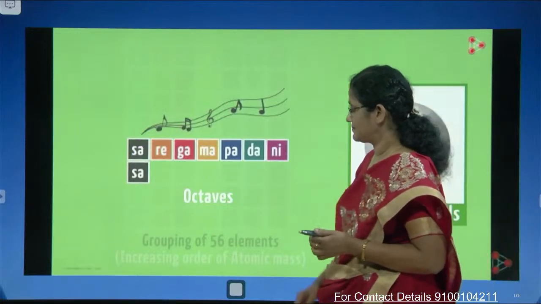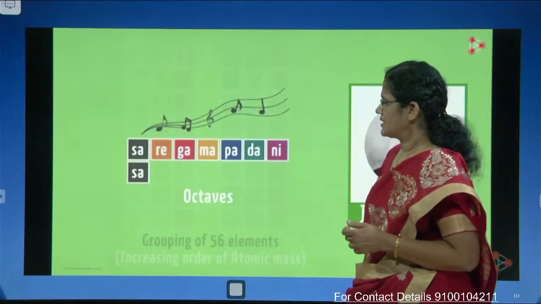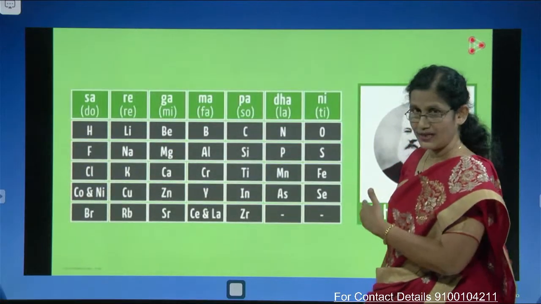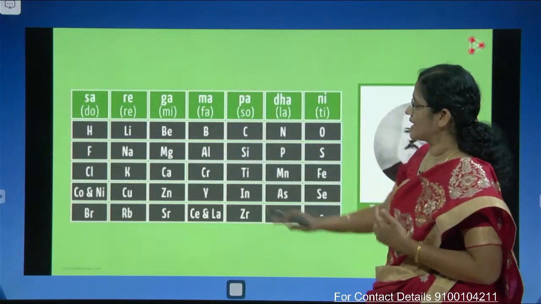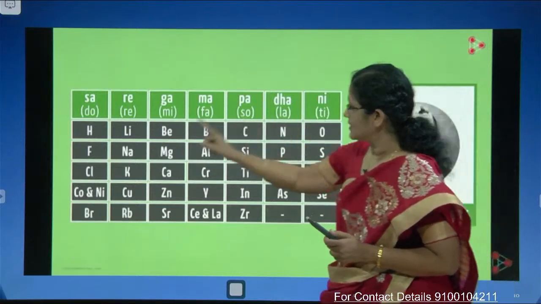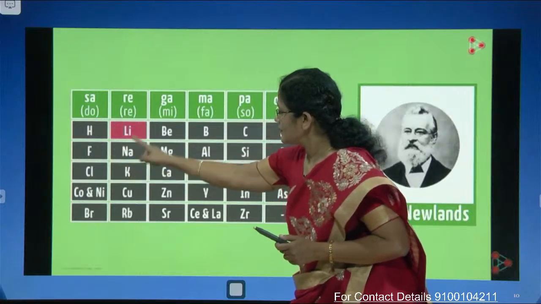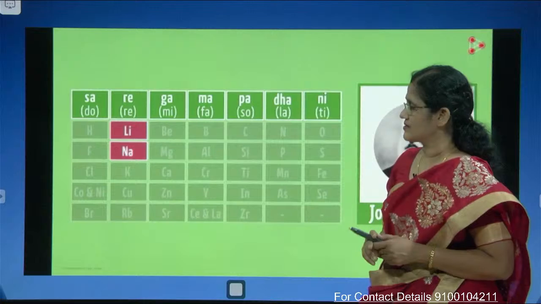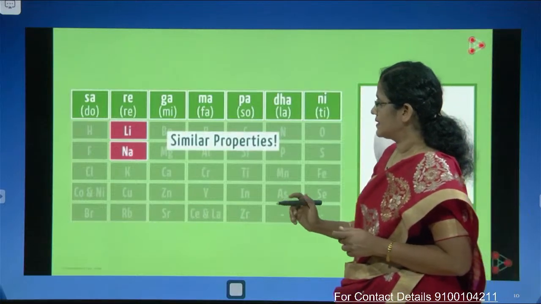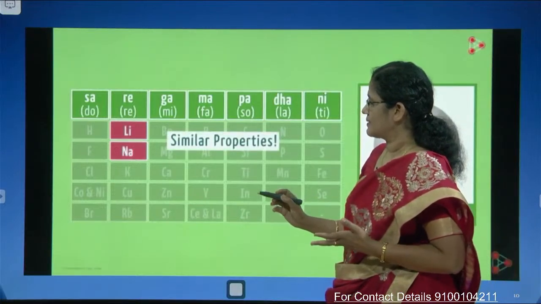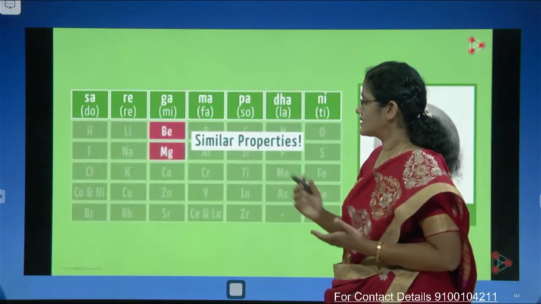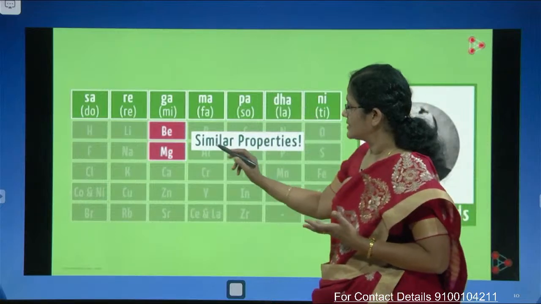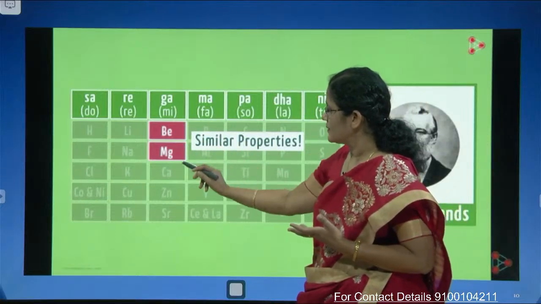Now, you observe. To some extent he could classify elements, the then-known 56 elements. He observed that at the 8th position the properties are similar. Lithium resembles sodium in properties. Similarly, beryllium resembles magnesium, at regular intervals. So, the first and 8th have similar properties.